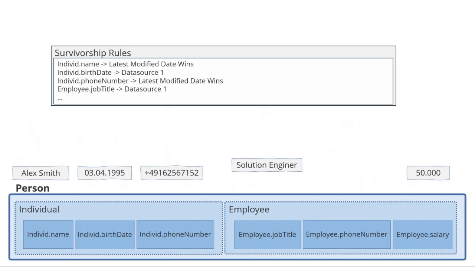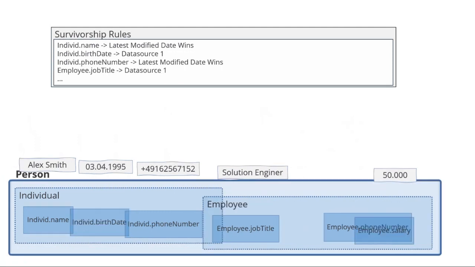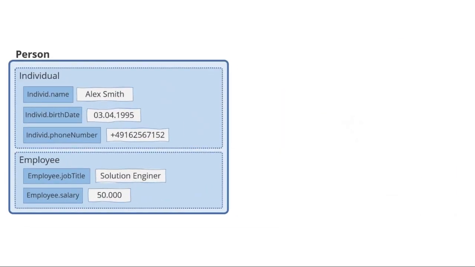These rules are defined in advance, and you can define them graphically in CluedIn, so you end up with the resulting golden records. This means that from two different data sources with information about Alex Smith, you have this final record where you have two different vocabularies.